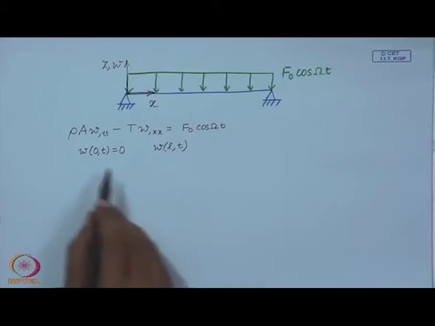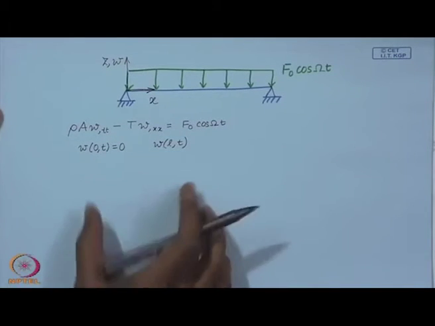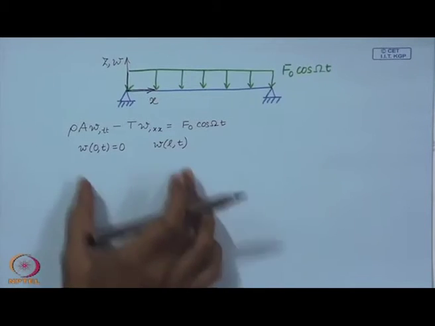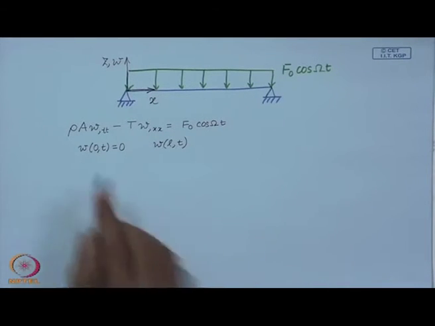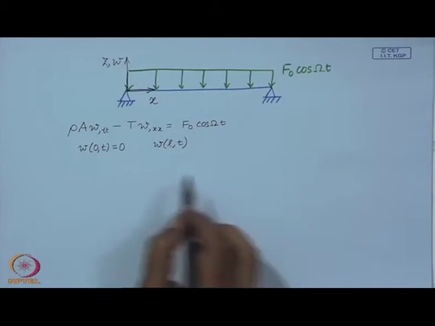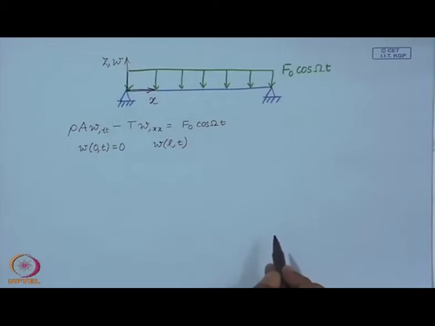We are right now more interested in solving the particular solution. So, this is the formulation of the problem for this uniformly harmonically forced taut string.